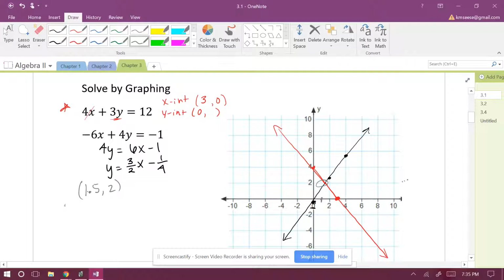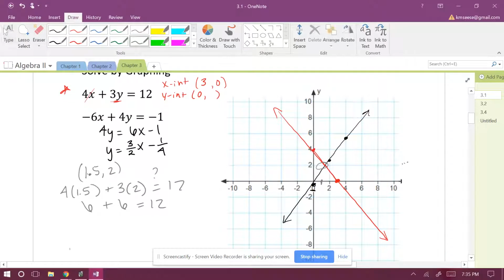If I plug it in, 4 times 1.5 plus 3 times 2, does that give me 12? Well, 4 times 1.5 is 6, and 6 plus 6 gives me 12. If I plug it into the second equation, negative 6 times 1.5 plus 4 times 2, does that give me negative 1?